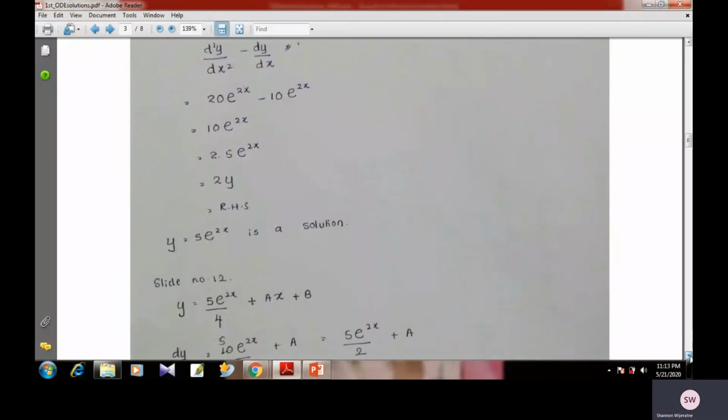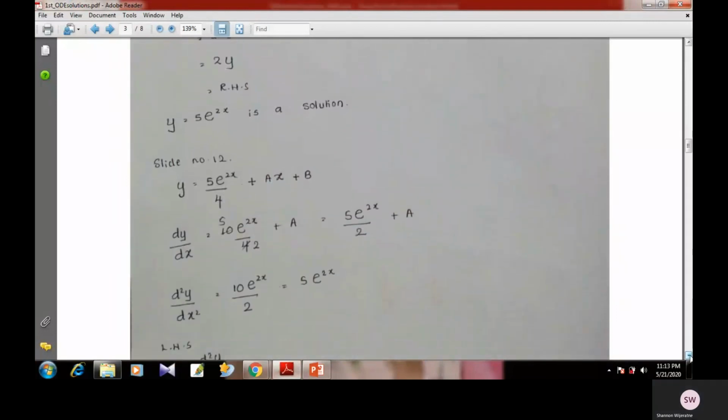So this is the solution. For the verification part, we have to substitute the solution into our differential equation. Before substituting, we need to find the first derivative and the second derivative. The first derivative is 5e^2x over 2 plus a.